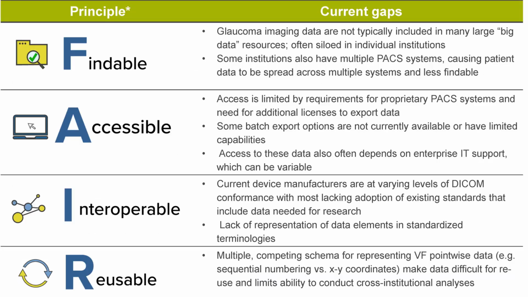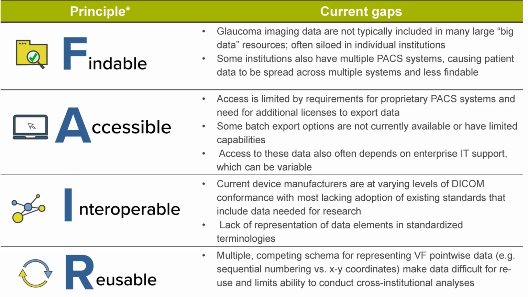So now there's this framework, a lot of emphasis on FAIR data principles, which stands for findable, accessible, interoperable, and reusable data. I won't go into all of this here, but just knowing that basically we have challenges for every single aspect of FAIR data principles when it comes to glaucoma research, right? It's not that findable. Much of the data we need, visual fields, OCTs, are siloed in different institutions. They're not part of these big databases.